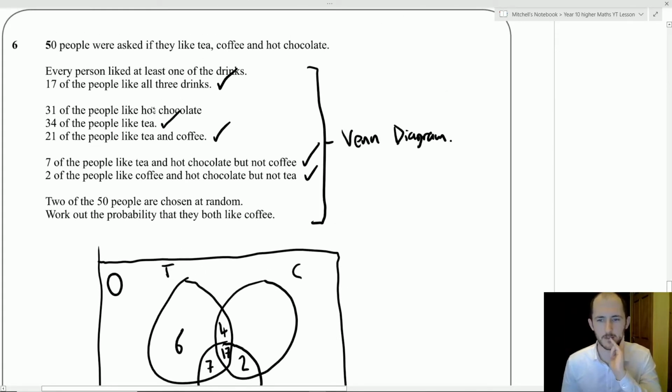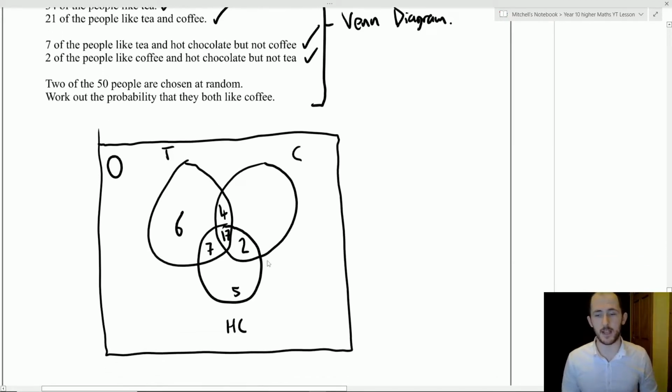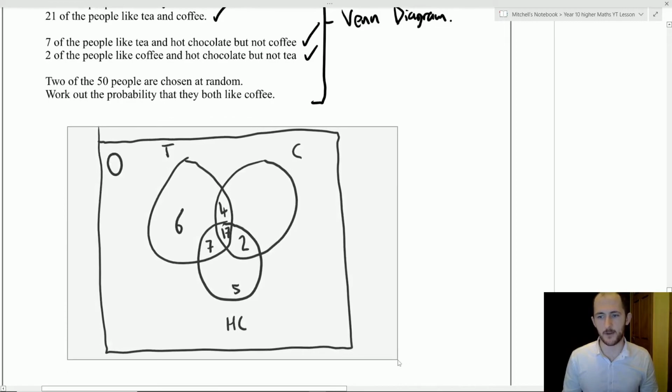So while you type that out, I'm just going to continue. So in the last bit, we need to work out how many people are in here. Ah, good question, Evie, yeah. So this counts as working out.